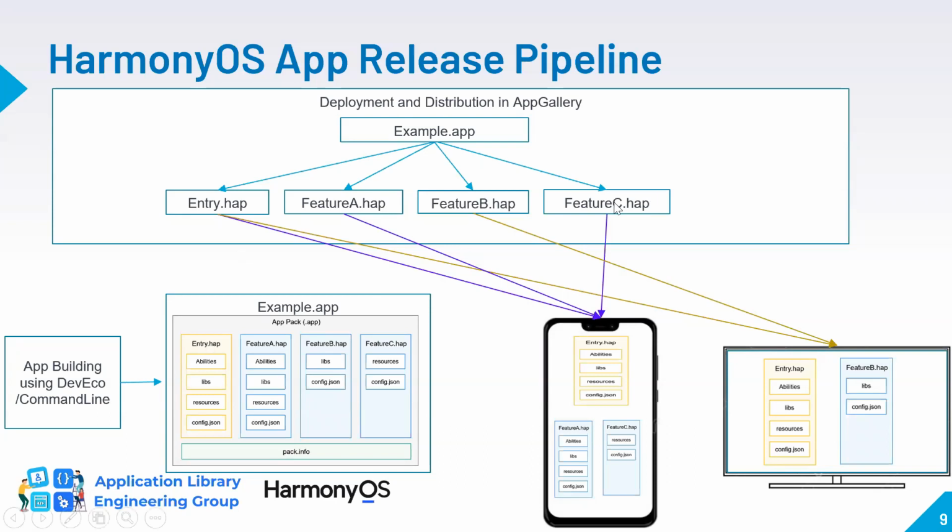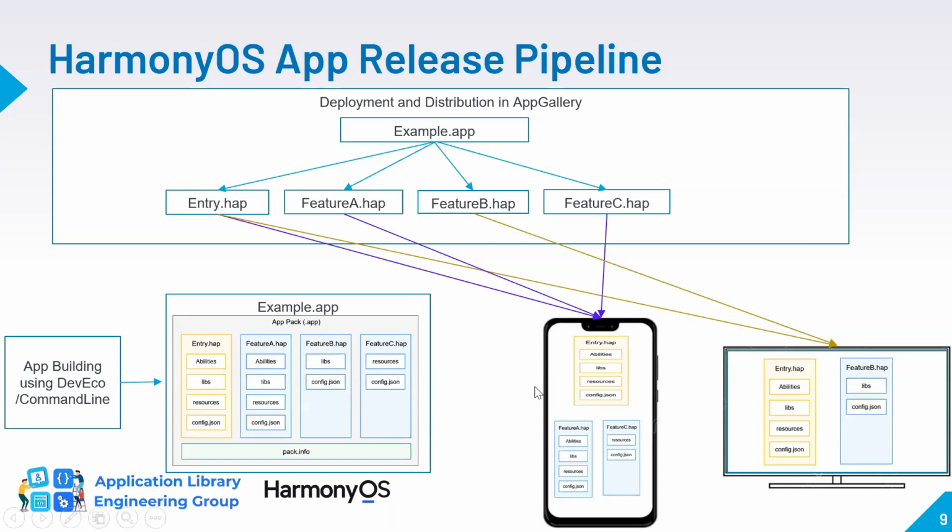So what it does is, in the pack.info, it will show the compatibility of each and every feature app or entry app. For each app file, there will be device types. So you can configure that this particular app needs to be installed only in a smartphone, and this particular app needs to be installed in a smart TV.